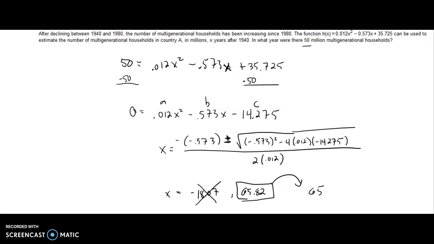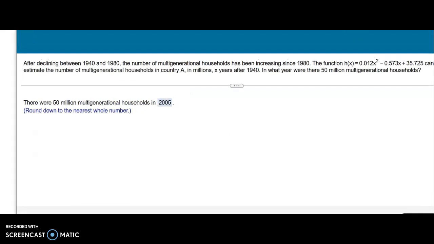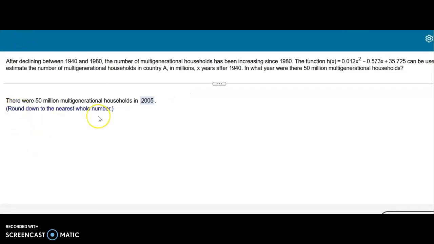The question asks, so we've got to round down. So I got 65, and then it's X years after 1940. So the answer is 2005. The reason is because they want to know in what year it happened.